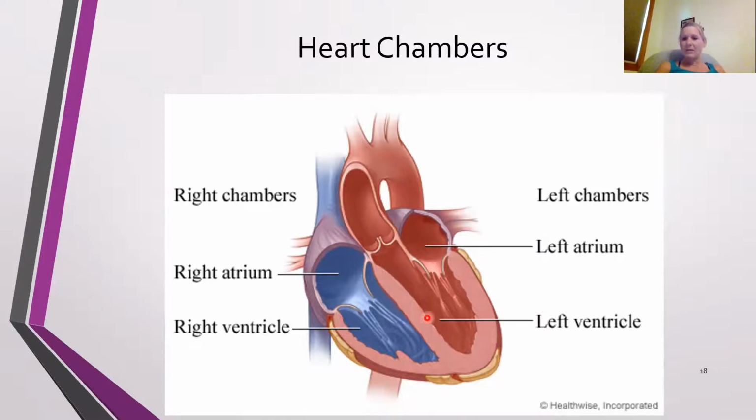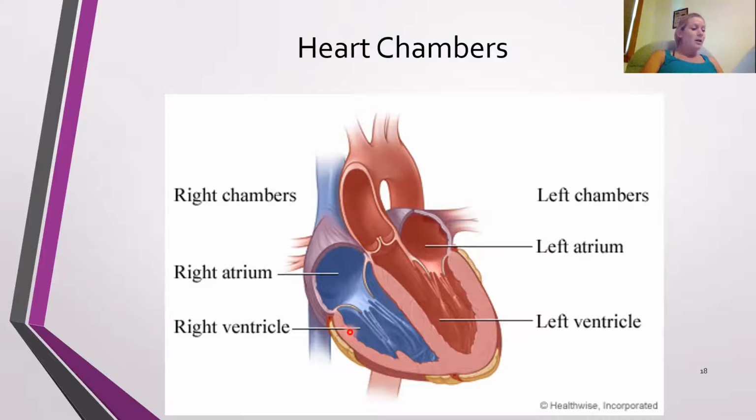And that's because the left side is going to deliver blood to the whole body. So this side needs to be stronger in comparison to the right side. The right side is going to send blood to the pulmonic system or straight to the lungs. Again, based on the location of the lungs, it's really not that far away, so it's easy for us to send blood to the lungs. This side doesn't need to be as strong.